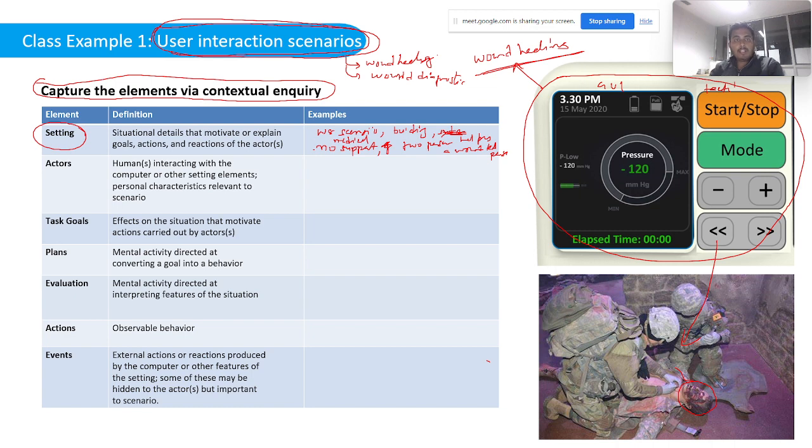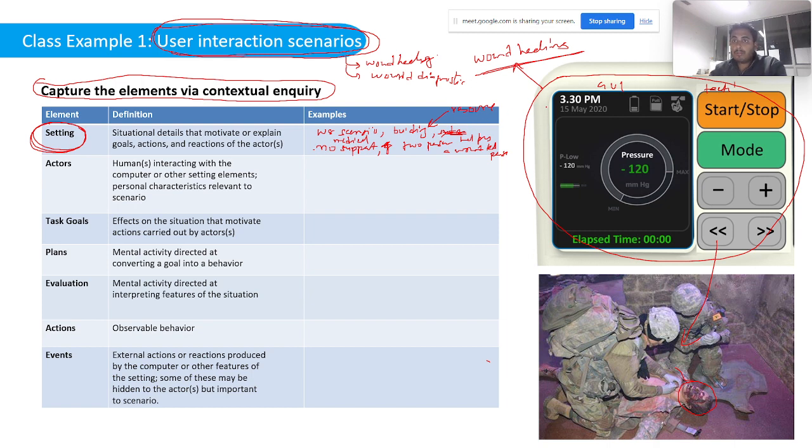From this setting you later try to understand what happens in a war, what sort of resources are available. When you are designing a particular interface, understanding the setting is vital, because you will know that if it's an outside, war scenario, your device probably needs to be battery operated.